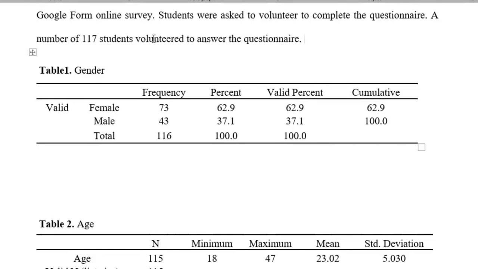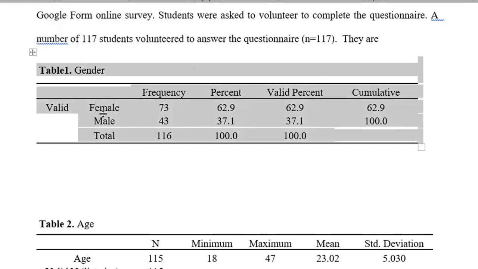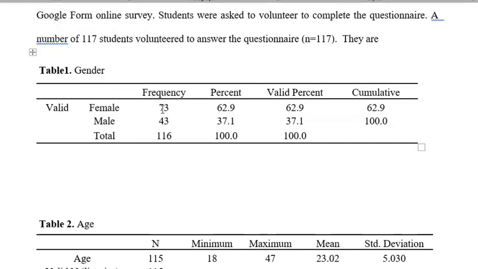So I'm going to say, like this, n equals 117, which means the number of the sample. Okay, and then according to this table, I can state how many are male and how many are female. Here we have 73 female and 43 male.